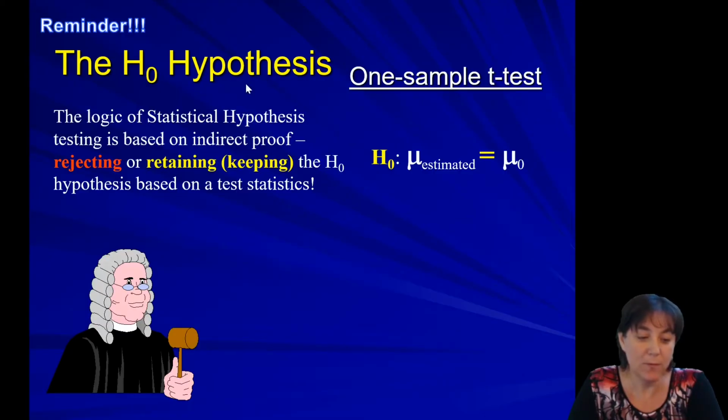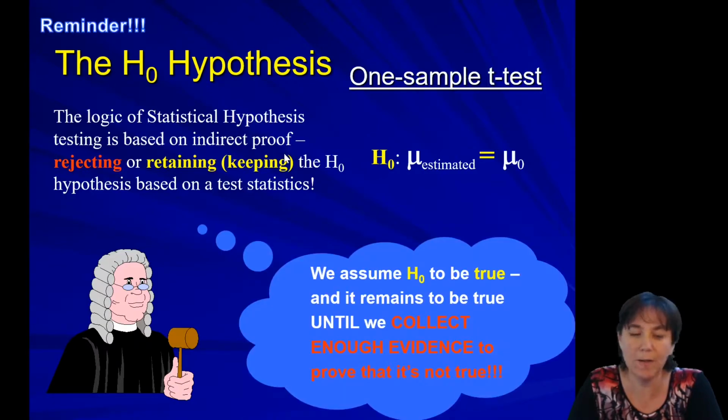So what is the null hypothesis, for example, and what is the basis of this whole inferential statistics that we're doing here? Well, the main idea is that we set up a null hypothesis, we're going to do that for each and every test, and it will be different for each and every test. And we assume this H null to be true unless we prove it wrong by statistics.